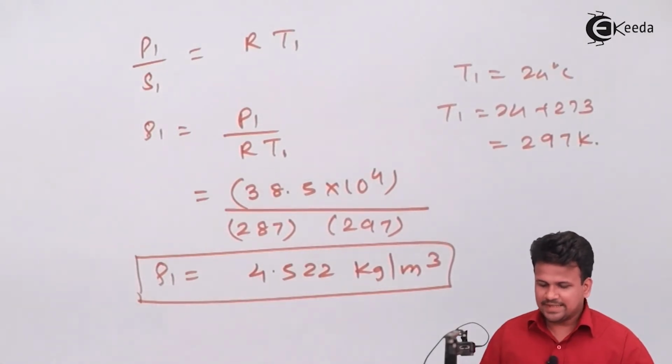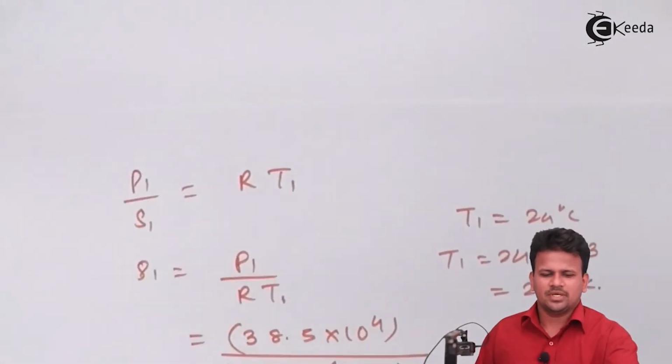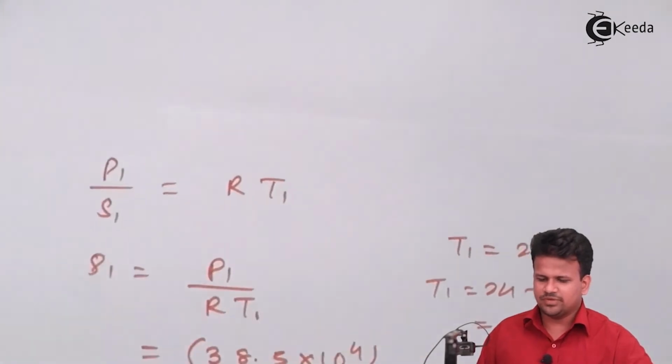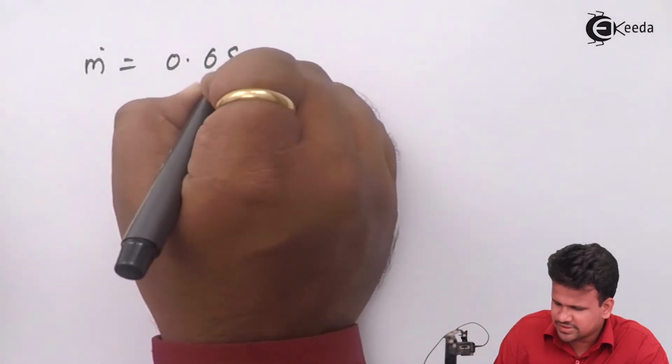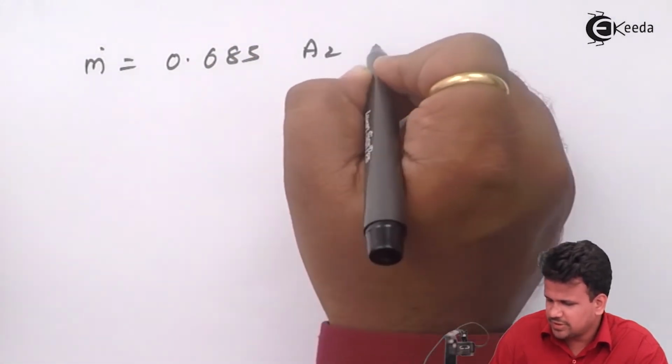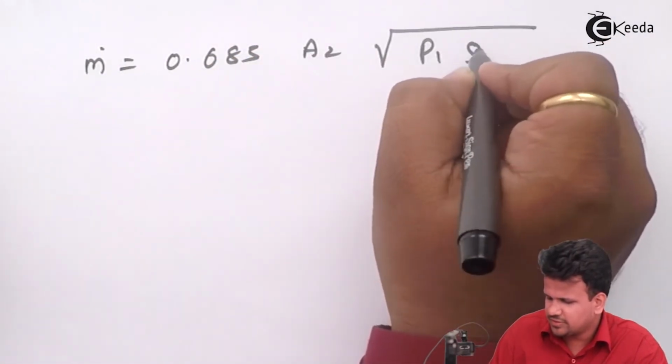Now we can directly calculate the mass flow rate. For mass flow rate, we know the formula as m dot equals 0.685 A2 into square root of P1 into rho 1.